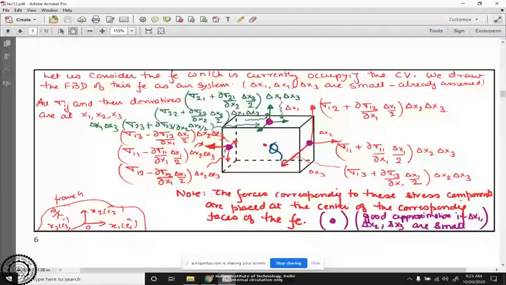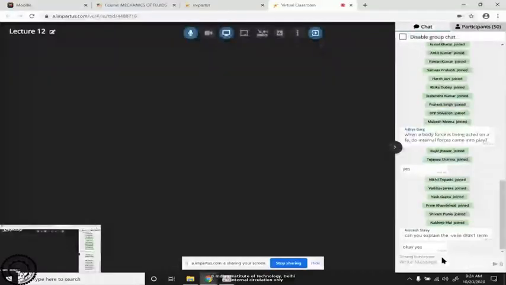But then I want the value of sigma 1 1 on the left face, which is located at minus delta x1 by 2 from my base location. So you recall in Taylor series, if you replace delta x1 by minus delta x1, that sign will appear here. That's how it is coming. I hope I have answered. If not, let me know and I will make another attempt.